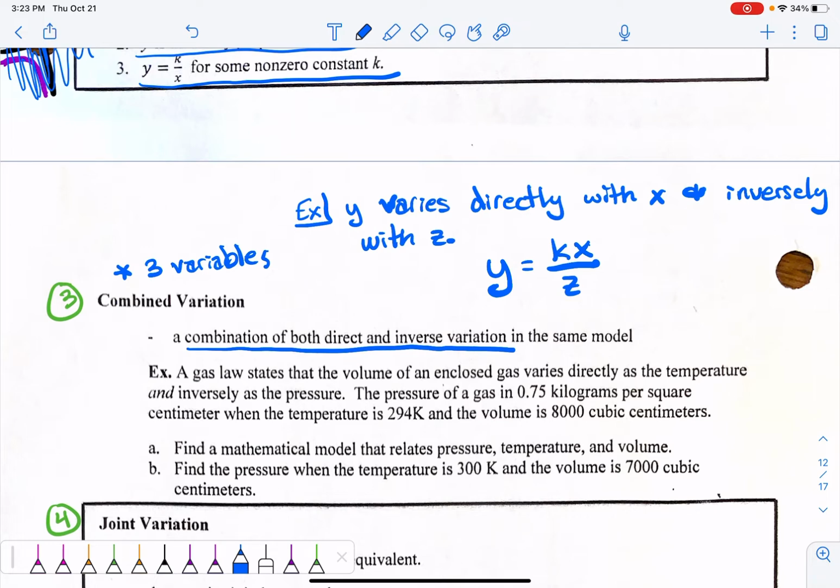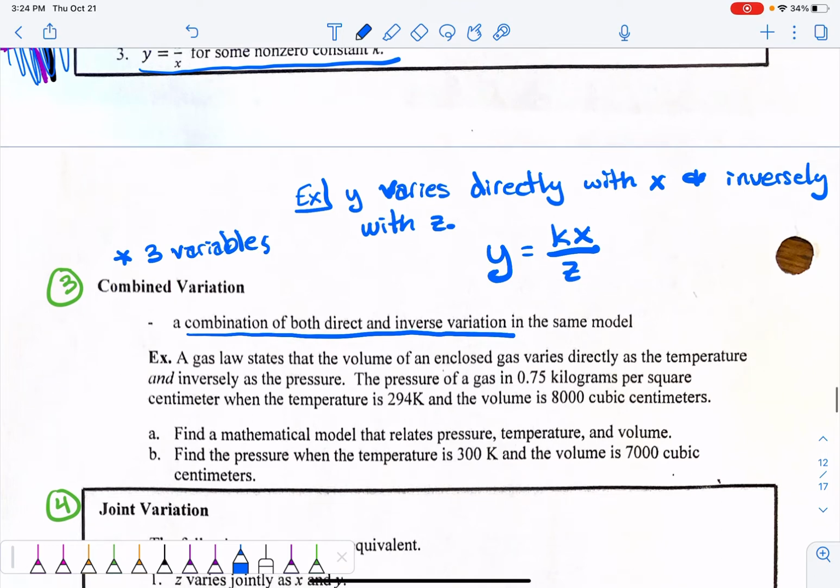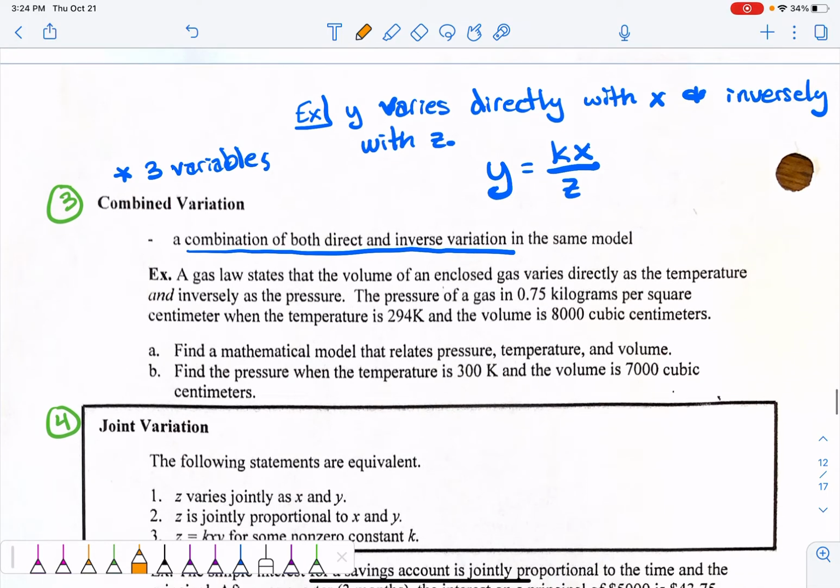An example of this is the volume, pressure, temperature gas law that you guys might have had in one of Mr. Moose's classes. But here is the example. A gas law states that volume of an enclosed gas varies directly as the temperature and inversely as the pressure. So we have volume, varies directly as temperature and inversely as pressure.